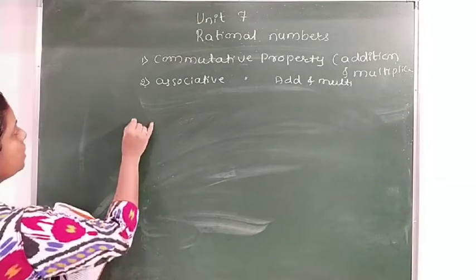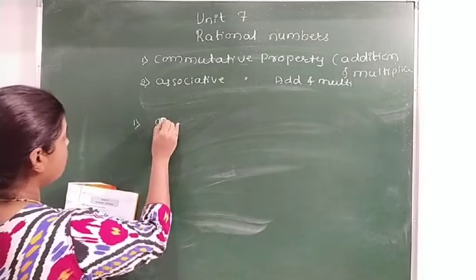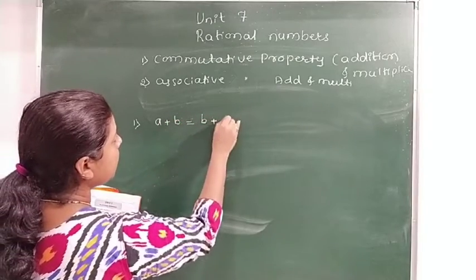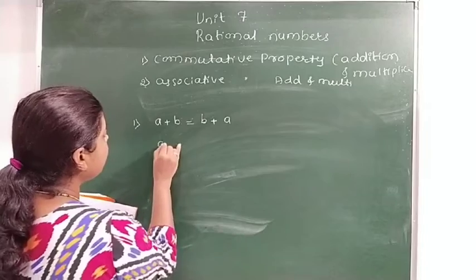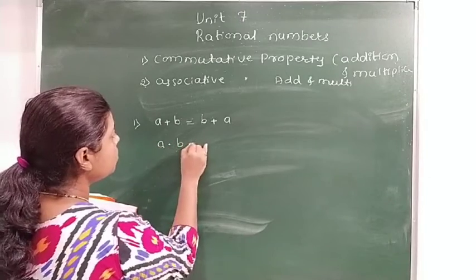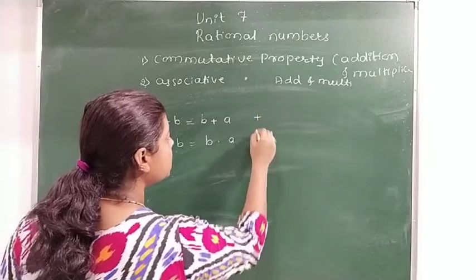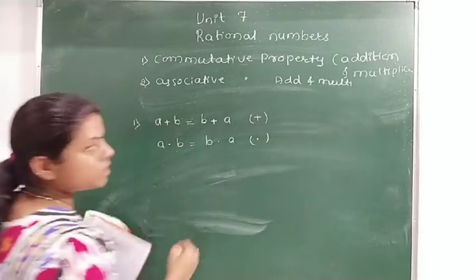Those are, first one, A plus B is equal to B plus A. A into B is equal to B into A. This is for addition, this is for multiplication.